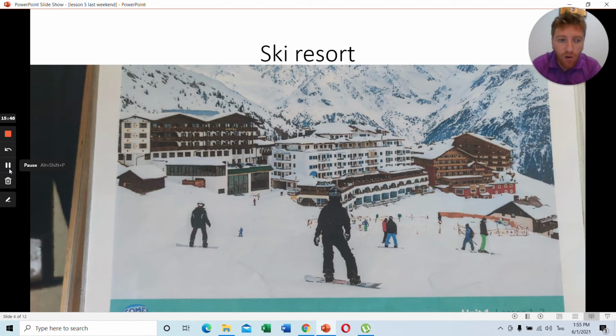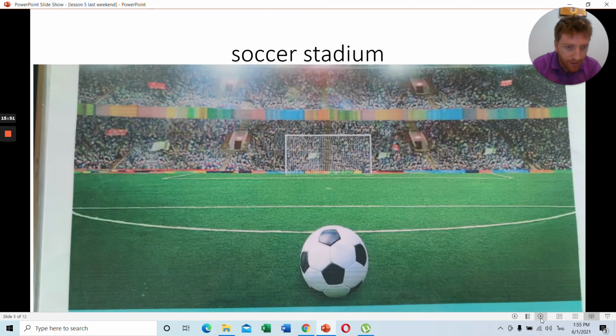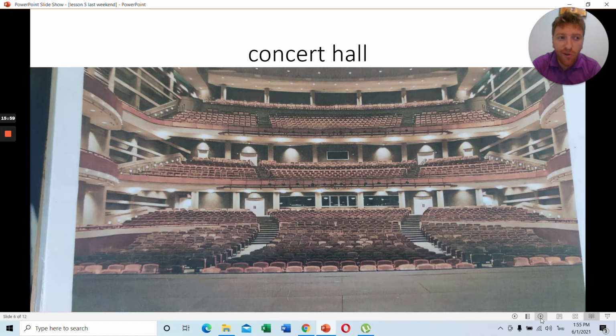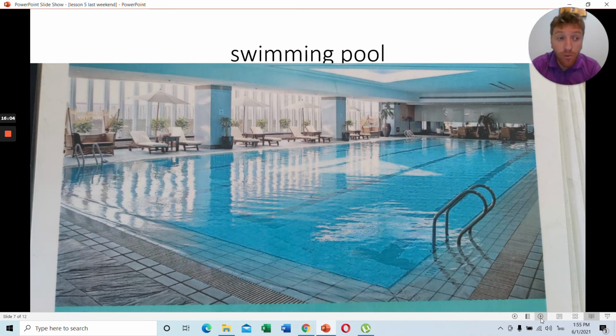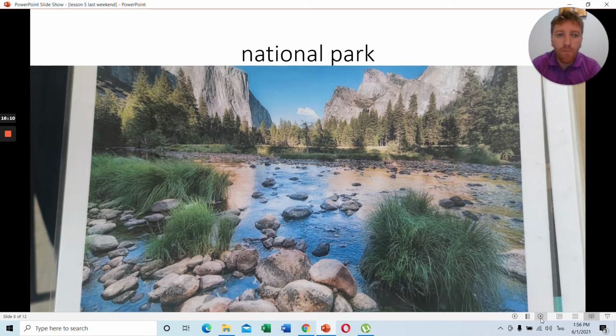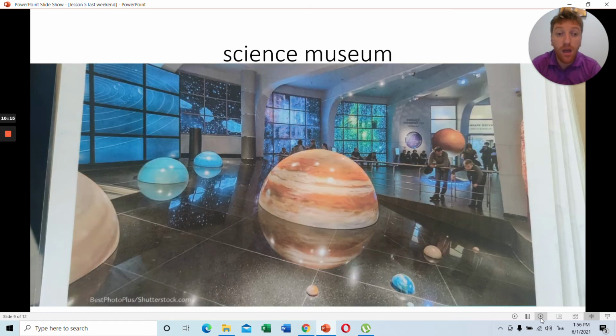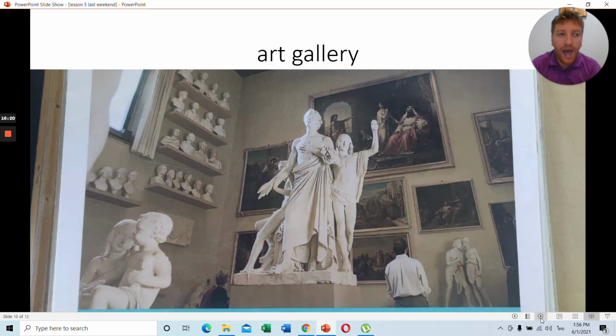The ski resort. Very good. Next we have the soccer stadium. Concert hall. Swimming pool. National park. Very good. Science museum. Very good. Art gallery. Very good.